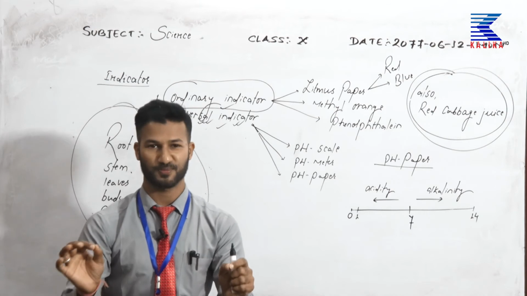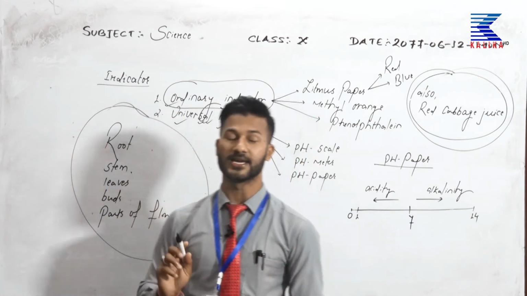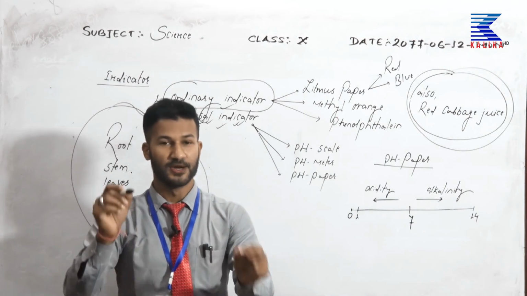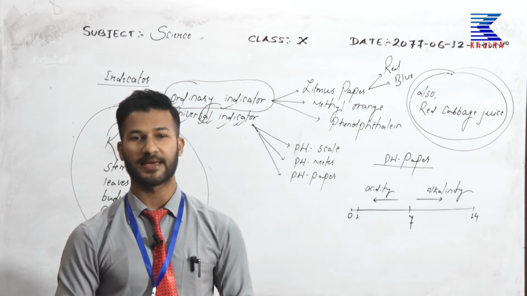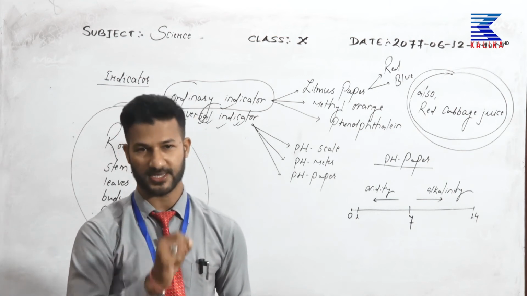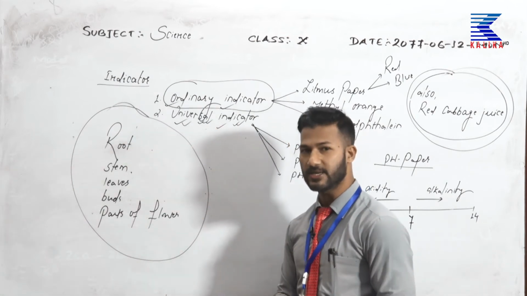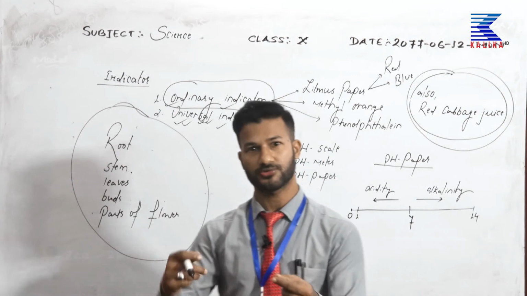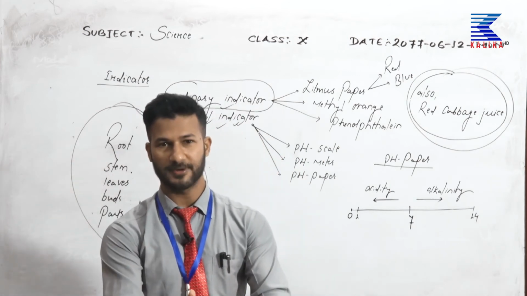You cannot find out this information by using ordinary indicators. They only tell you what the given chemical is and what its nature is, but not the strength. So, you have to come to universal indicator if you wish to find out their strength as well. Means how strong the given chemical is.